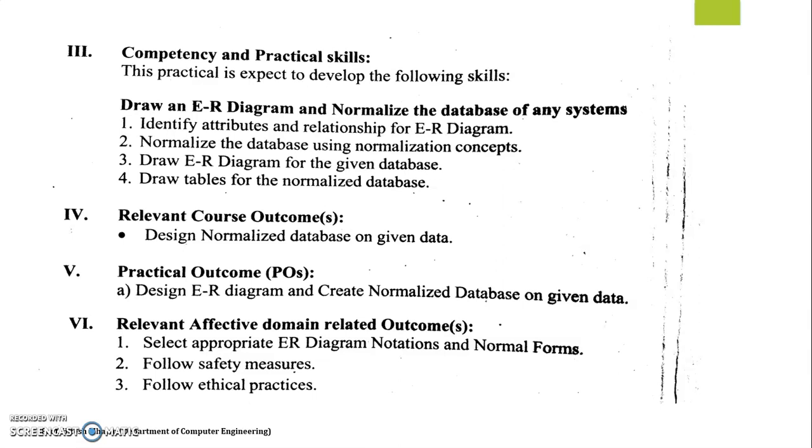Relevant course outcome: design a normalized database on given data. Practical outcome: design an ER diagram and create a normalized database on given data. Relevant affective domain related outcomes: select appropriate ER diagram notations and normal forms, follow safety measures, follow ethical practices.